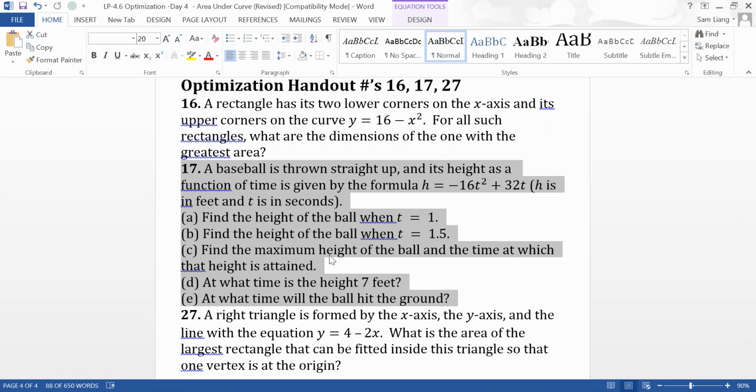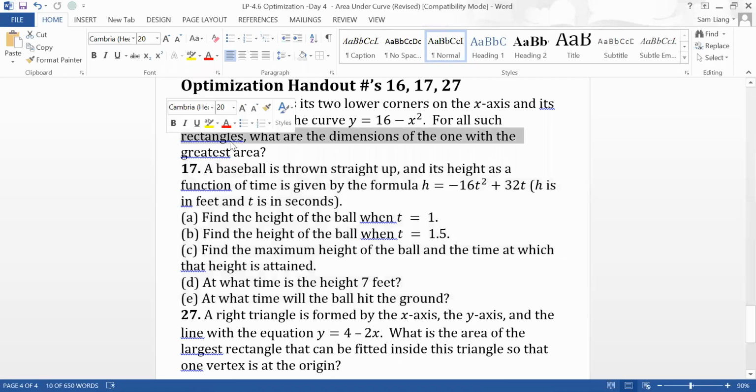There are 14 minutes left in class. Let's say 7 minutes, so at 1:43 we'll reconvene and discuss. In the meantime, I'll draw some diagrams for 16 and 27 to help you along.